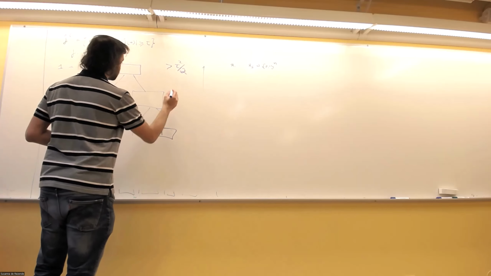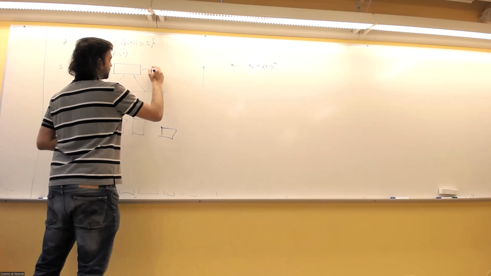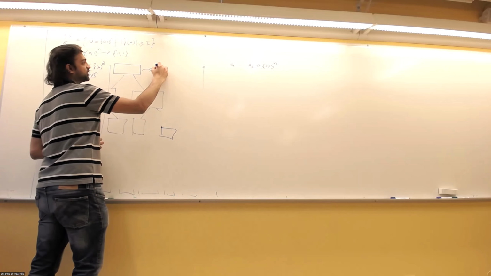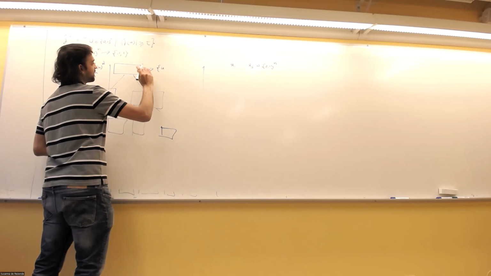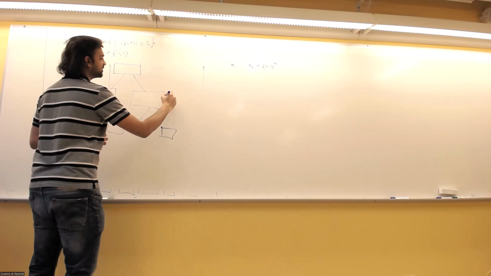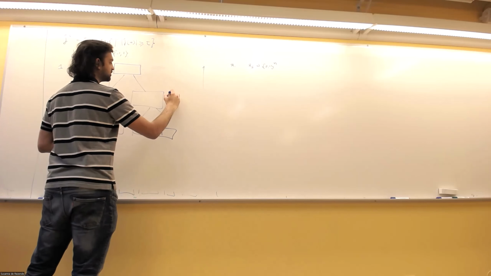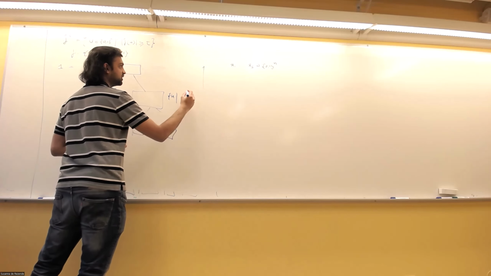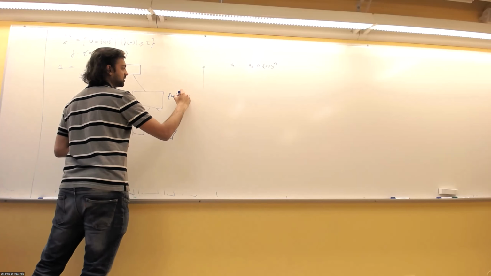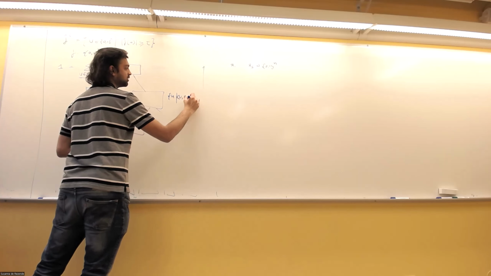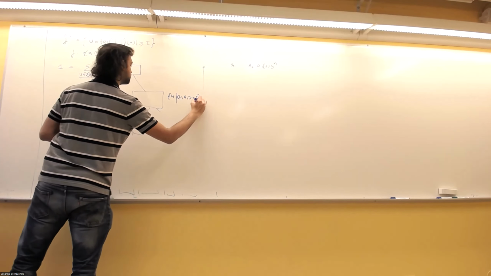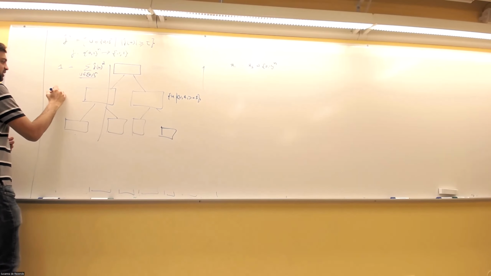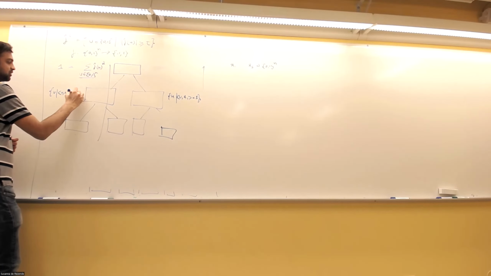Each node is just the set of all u such that u comma r1 equals 1, and this is the set such that u comma r1 equals 0.